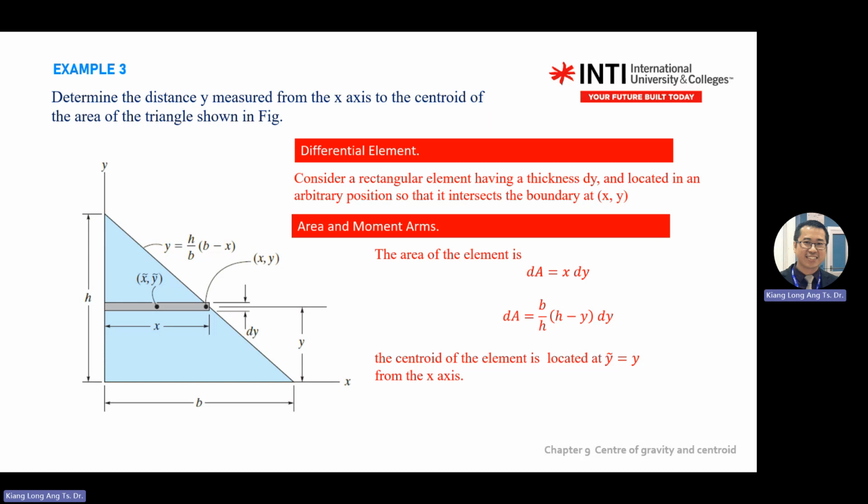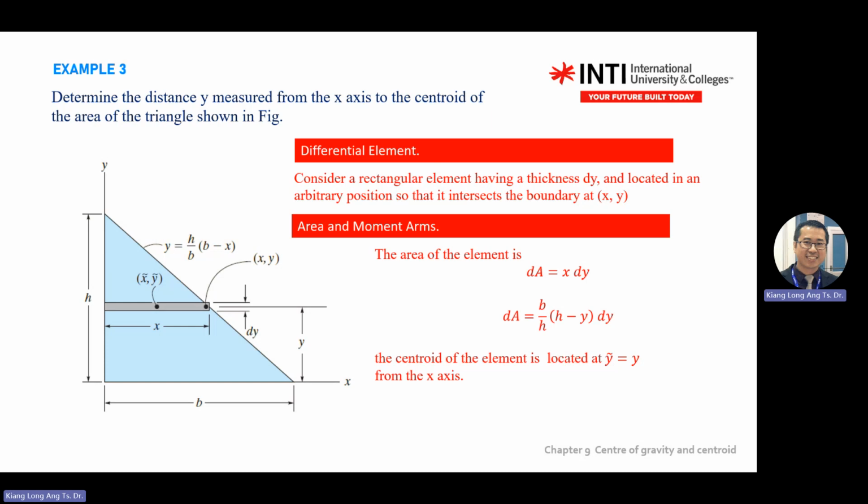Area, moment arm, you write area, you calculate dA. dA equal to x dy. And you substitute the x equation. You rewrite this one in this form. You move your h and b to the left hand side, move your b, and you get your x.